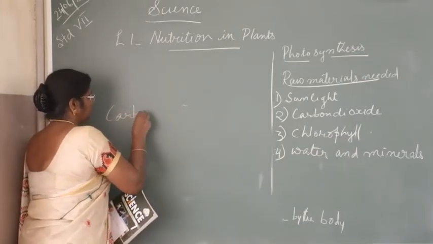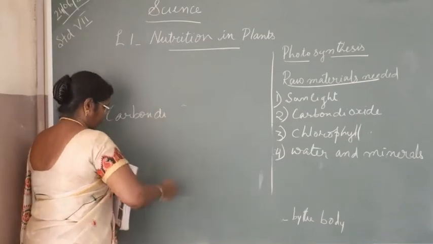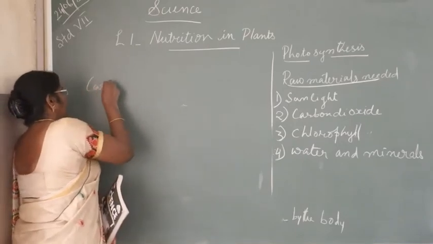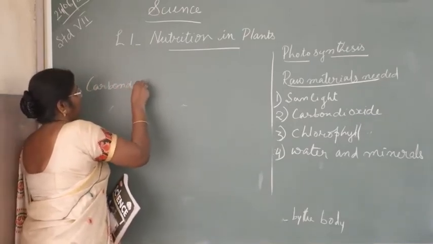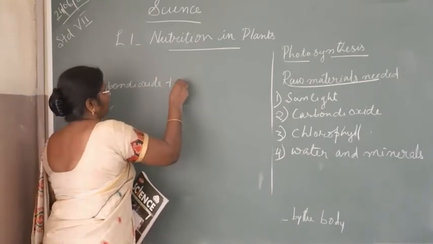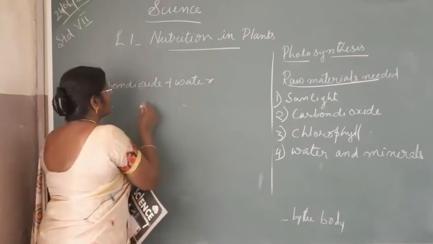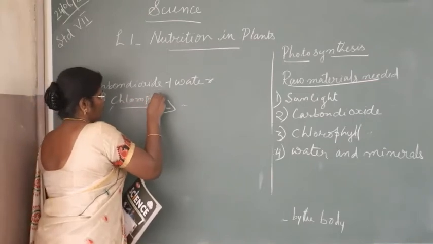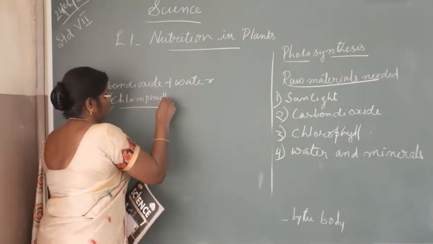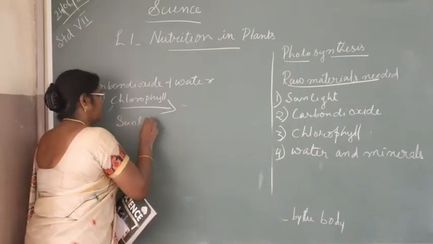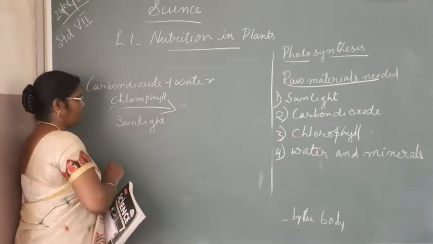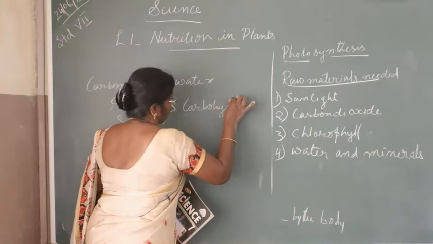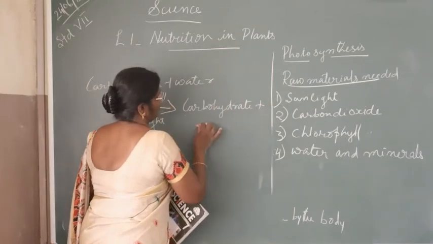Carbon dioxide, plus water, chlorophyll, and sunlight gives out carbohydrate, plus oxygen.